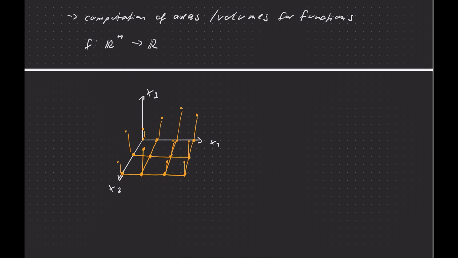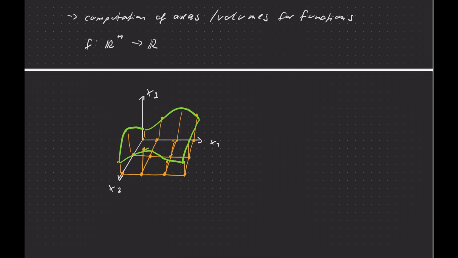And then maybe we have a function that somehow looks like this. So here are the lines where the function intersects with the coordinate planes. Yeah, somehow similar to this setting here.